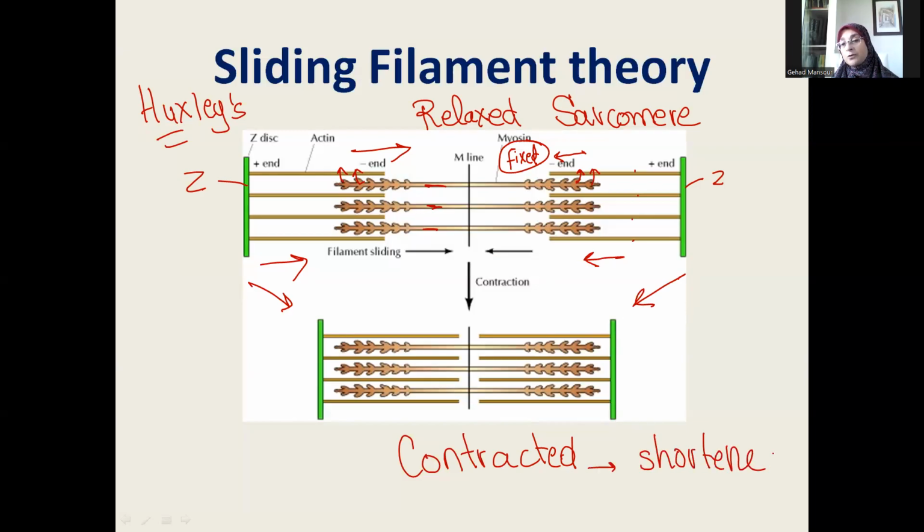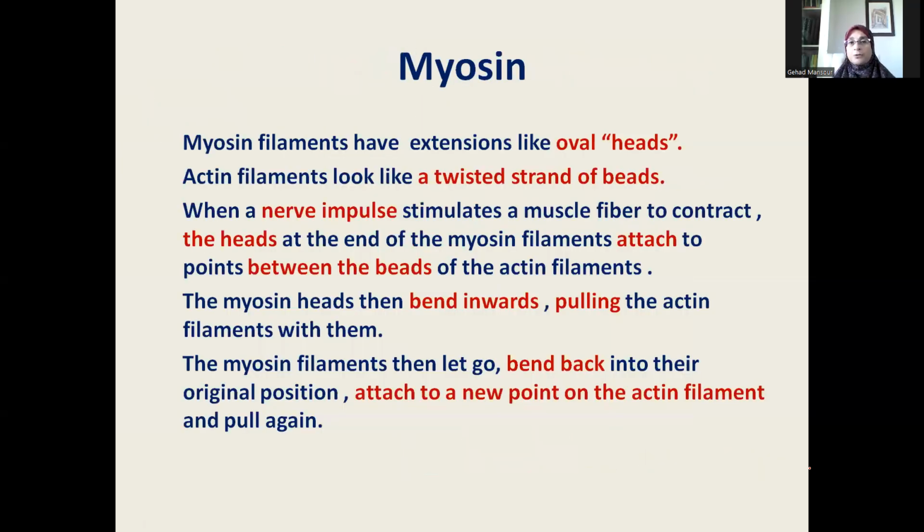And if all the sarcomeres are shortened at the same time in a long muscle, because the myofiber does not contain only one sarcomere, it contains hundreds or even thousands, depending on the length of the myofiber, then the whole myofiber will shorten, and that's why the muscle shortens when it contracts.